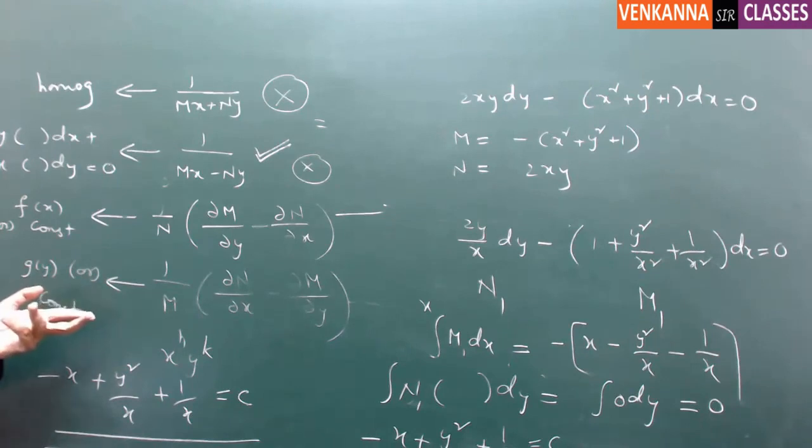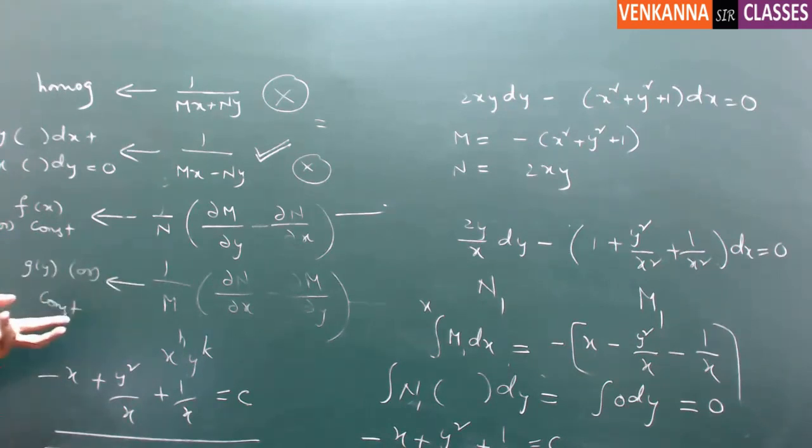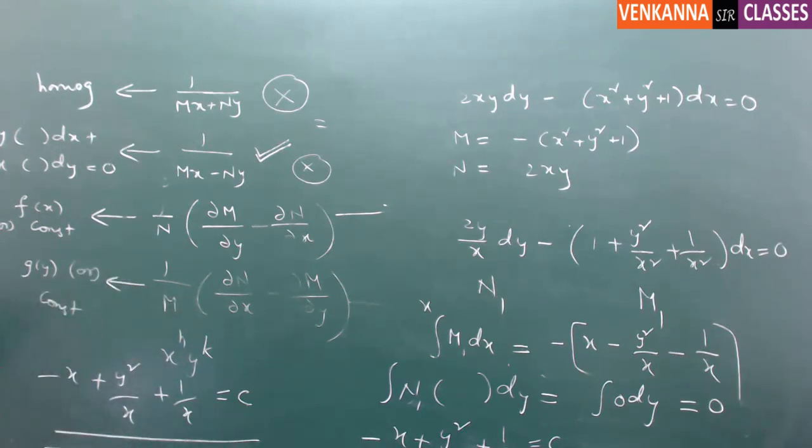Just like 1 by y square, y cube, like that. E power integral, that value dy is integrating factor. However, if you are interested, I will take one sample problem on this also. Shall I? Fine.